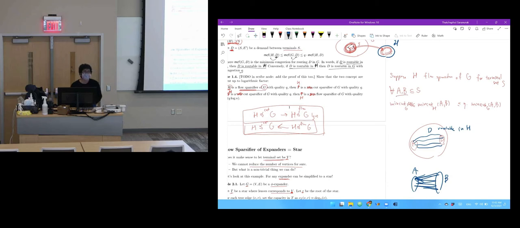We just set D equal to H. Well, H may contain some other edges outside the terminals too.